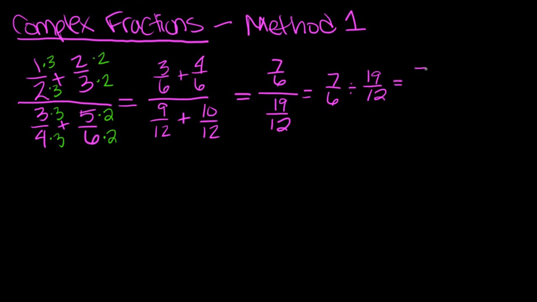So that gives me 7/6 times 12 over 19. And I see that 6 goes into 12 twice, giving me that the final answer is 7 times 2, which is 14 over 19. And I'm done.